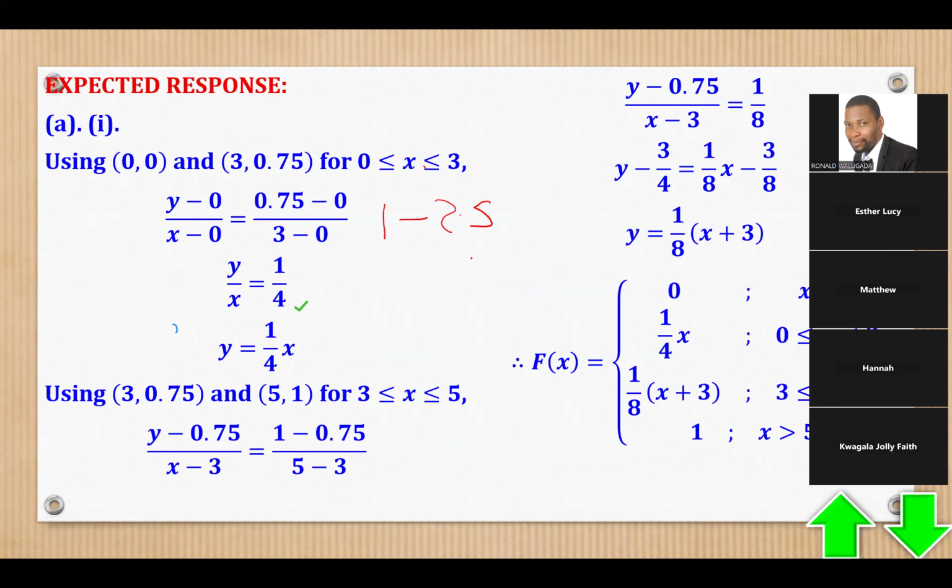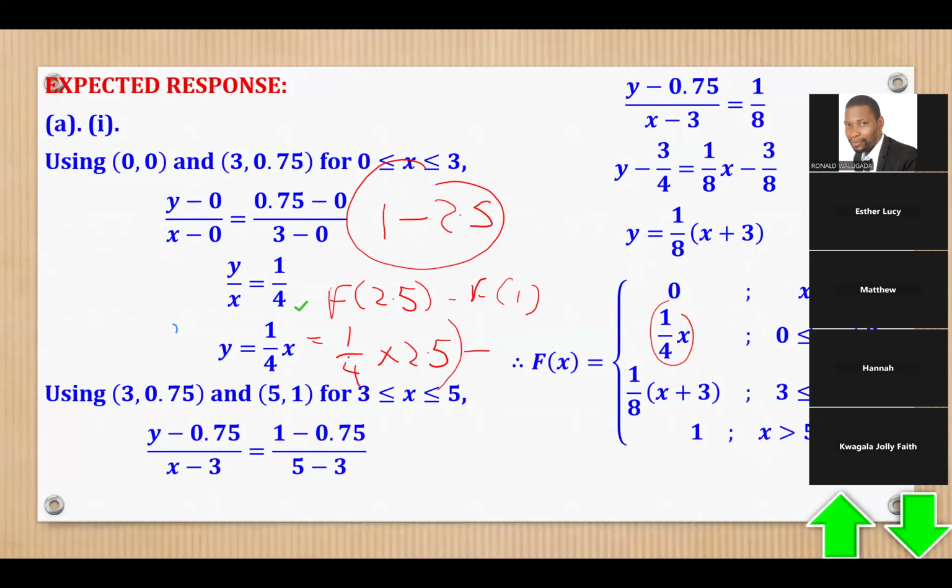But if you want this one, we can still first do it roughly. For example, 2.5 means substitute this. Where there is x, we put there 2.5. So I'm going to put 2.5, that will be a quarter times 2.5 minus, open brackets, a quarter times 1. Then you can use a calculator.